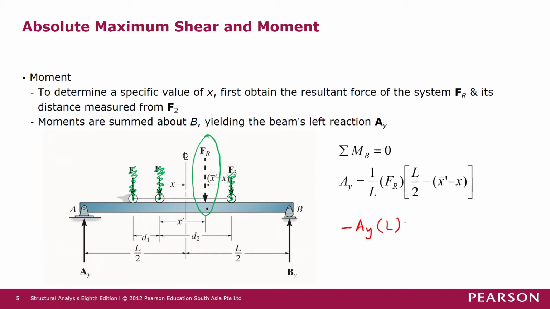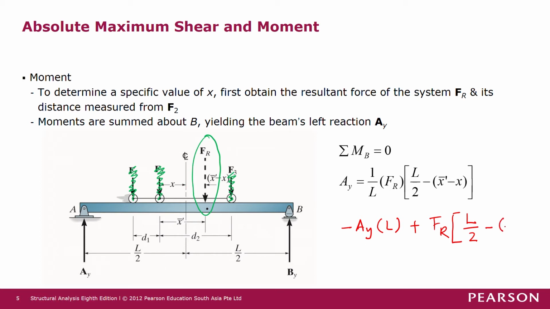So in this case, we have Fr times this distance. Plus, because this Fr is going down, it will cause an anti-clockwise moment about point B. We have Fr multiplied by L2 minus x bar prime minus x.